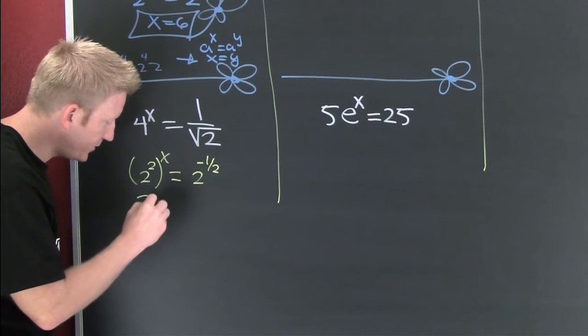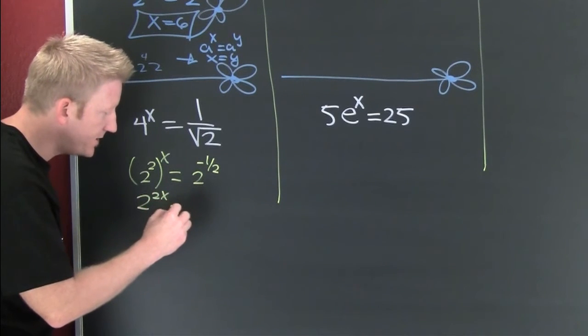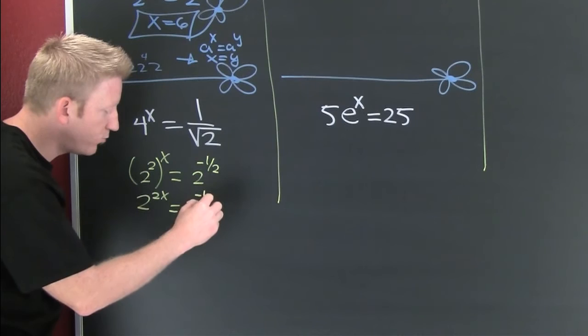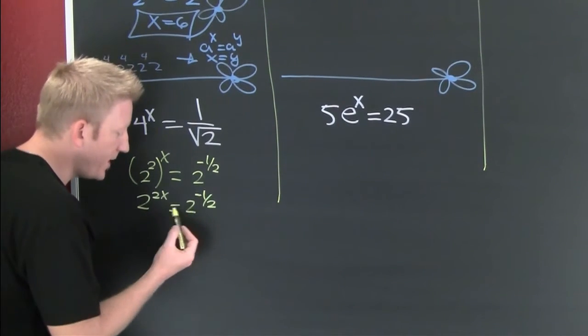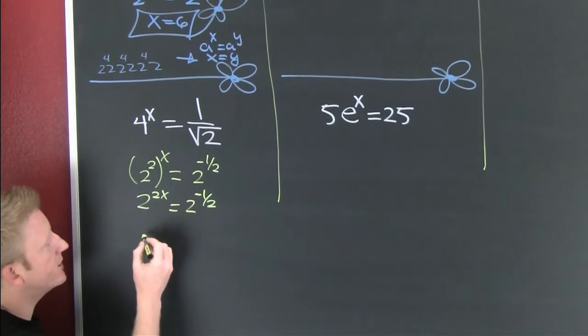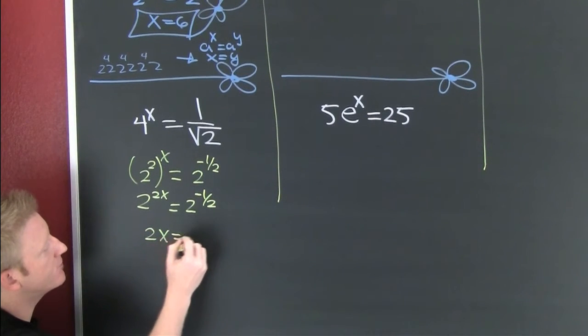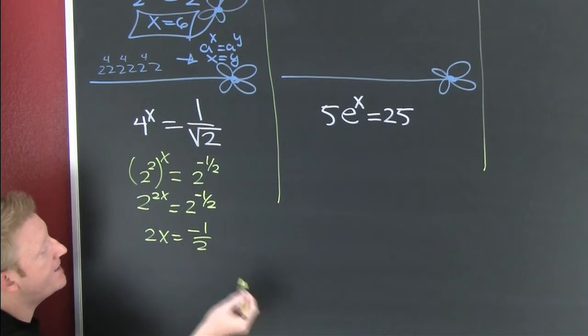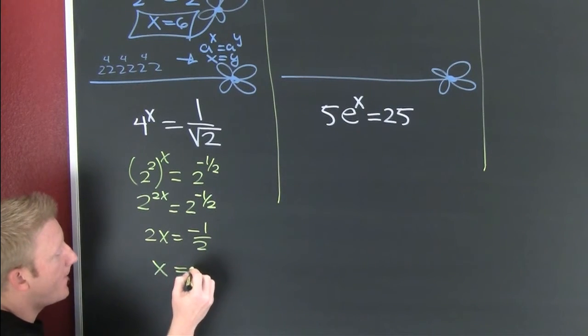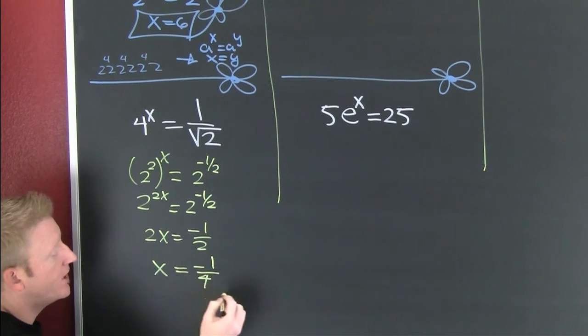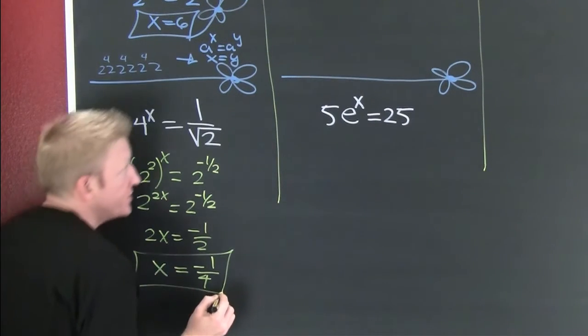So then here I see 2 to the 2x is equal to 2 to the minus 1/2. Since we have the same base and they're equal, their exponents are equal. This is 2x is equal to minus 1/2. And then we find that x is equal to minus 1/4. And of course you should check it.